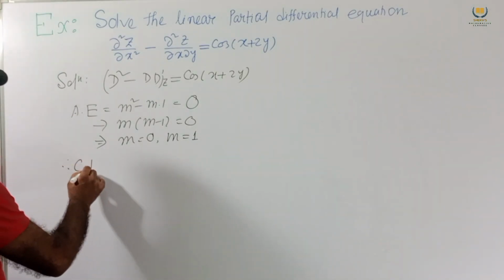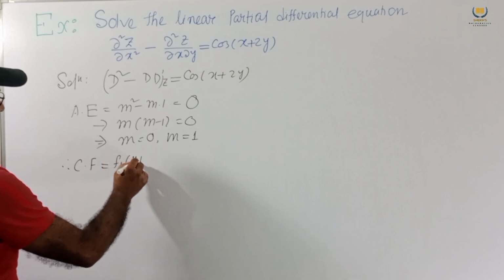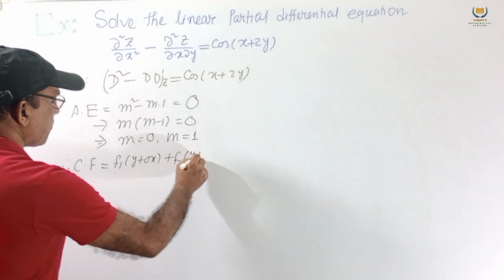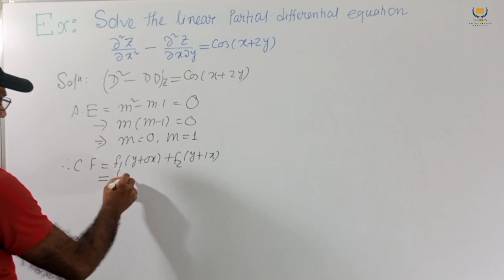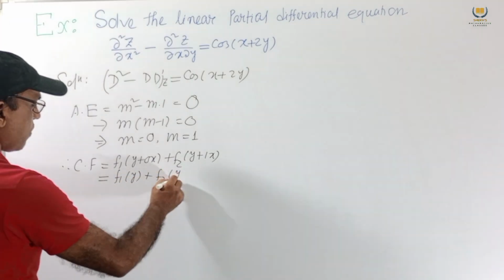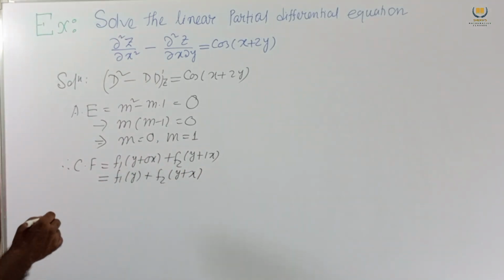Therefore, complementary function equals f1(y plus 0x) plus f2(y plus 1x). This equals f1(y) plus f2(y plus x). We get this one.